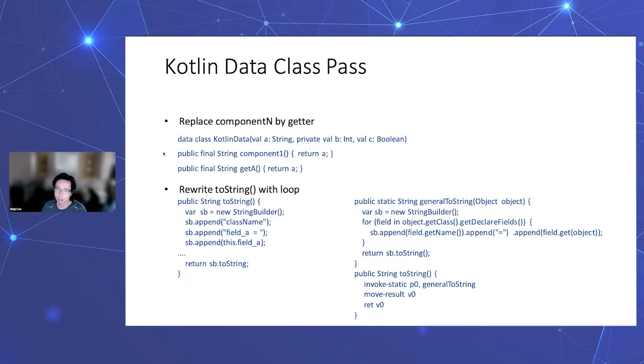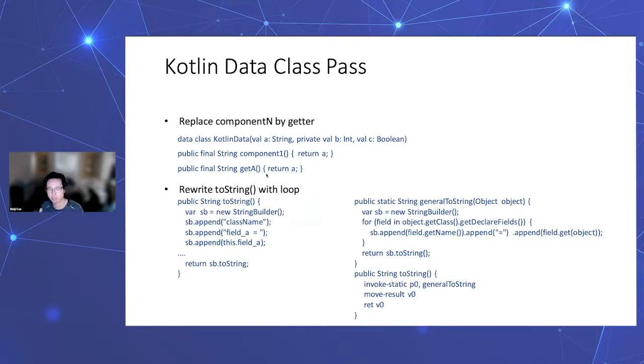For example here, we have two methods, and we can replace this component1 by this getA. It's a very easy replacement.